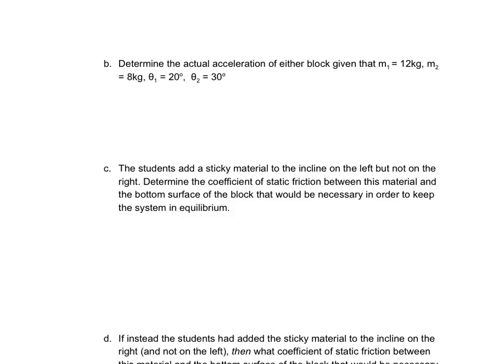And so now we're asked to determine the actual acceleration for both blocks, and we're given masses and angles in this case. So this is really just a matter of plugging in.